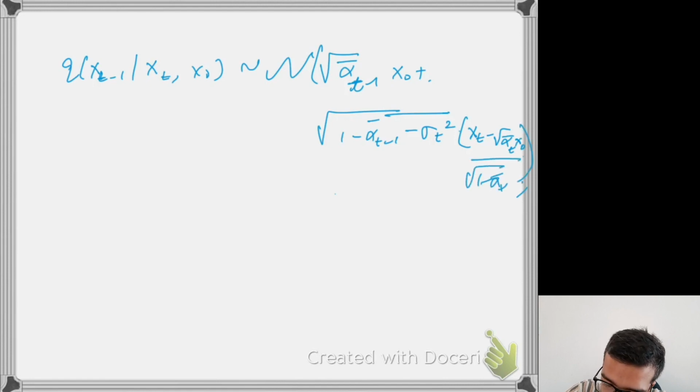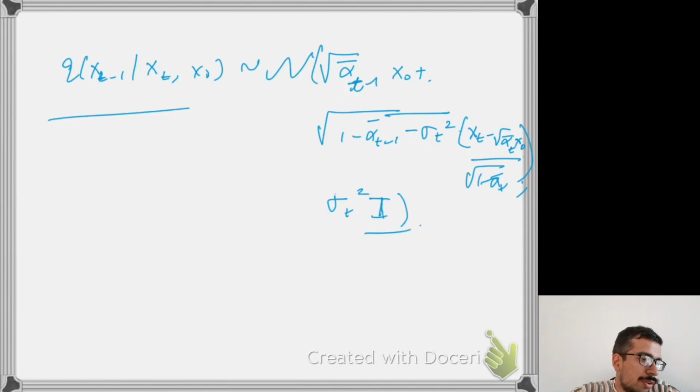And with variance sigma_t squared times identity. So this is the sort of distribution I want, right?